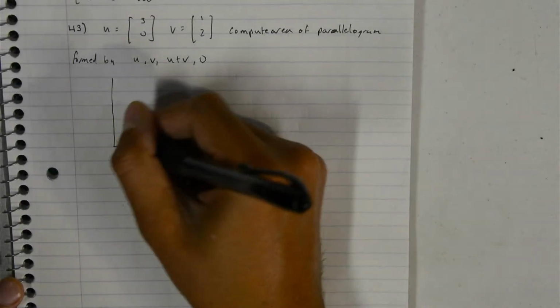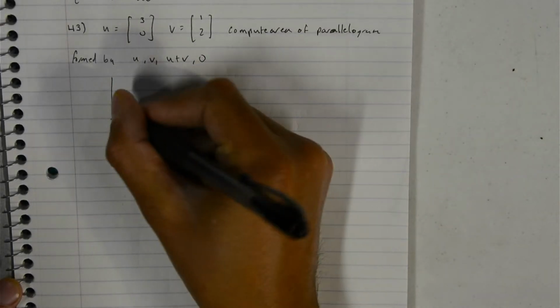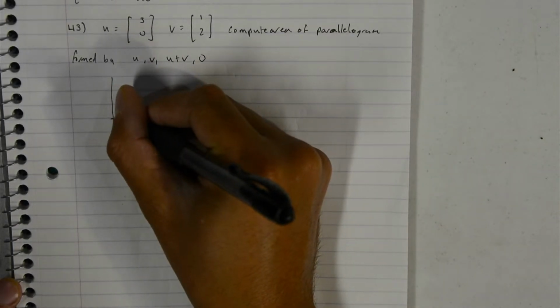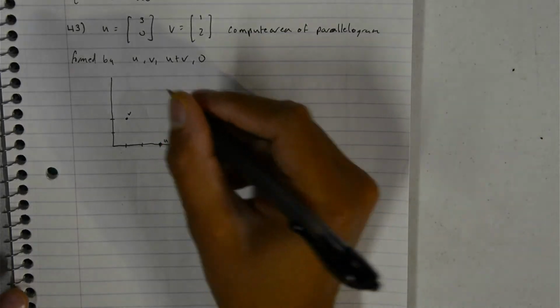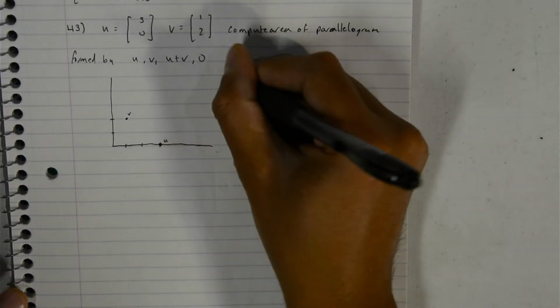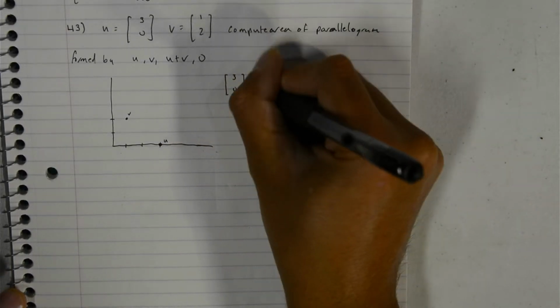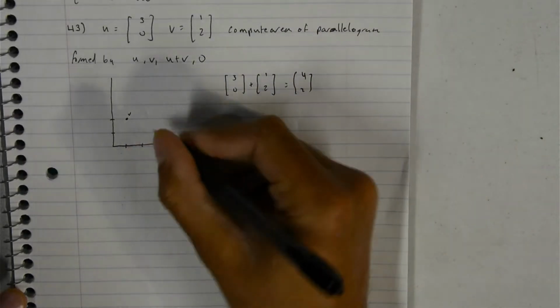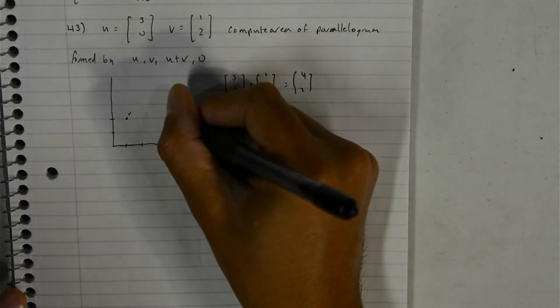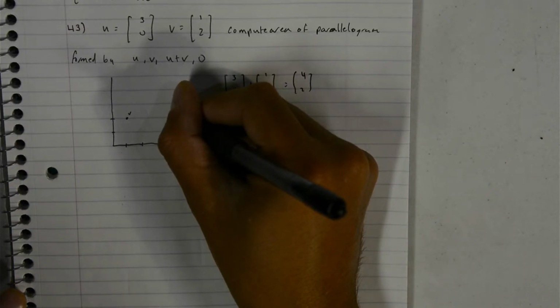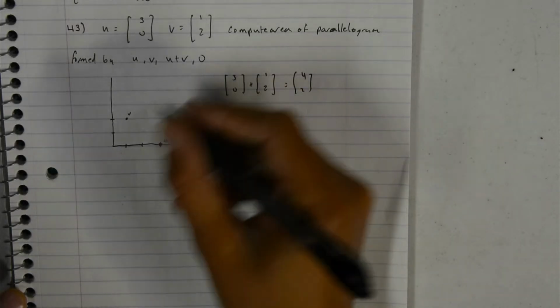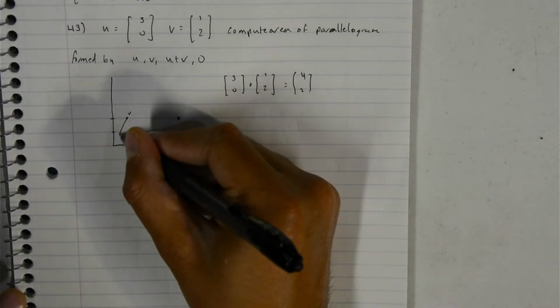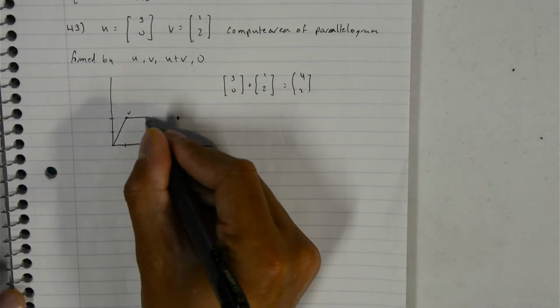Okay, and then 1, 2, this is V. Then U plus V is going to be 3, 0, plus 1, 2, which is equal to 4, 2. So 4, 2 is going to be here, and then 0. So what we're going to have is a parallelogram like this.